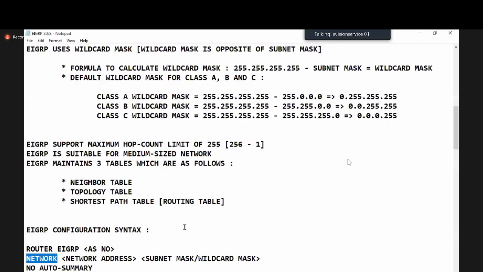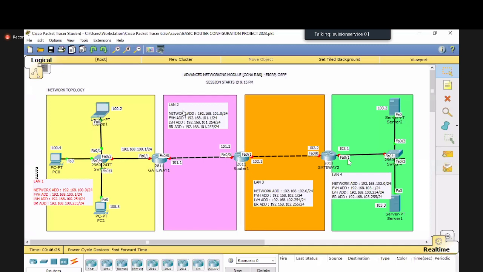So obviously in dynamic routing, always we configure connected networks like LAN 1, LAN 2, which is connected to gateway 1. We're simply just configuring that.